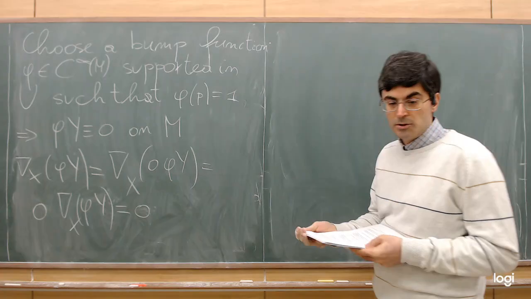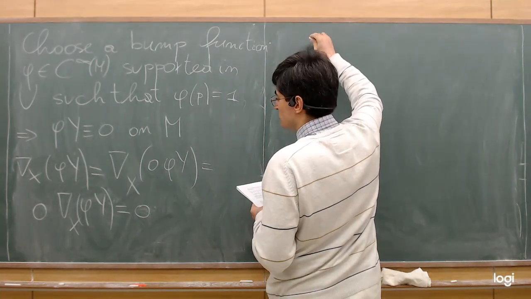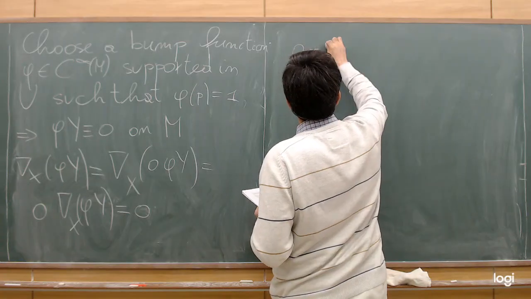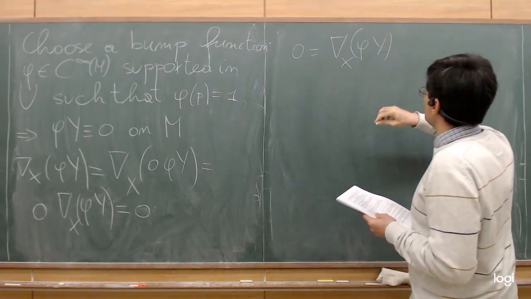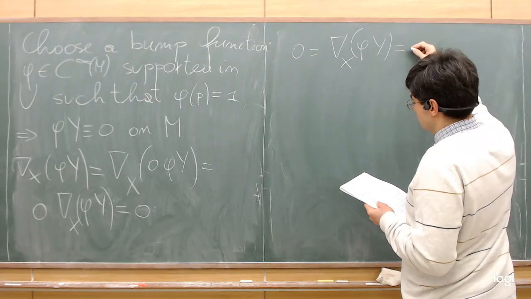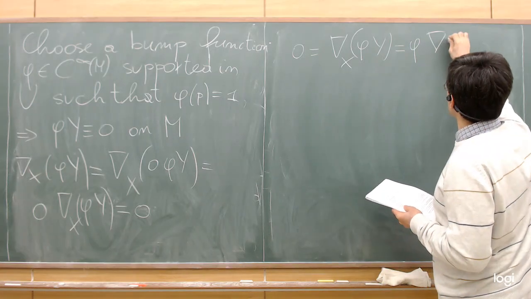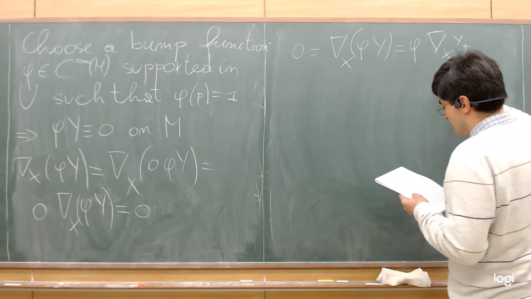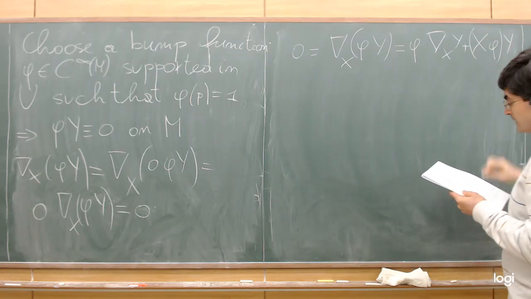Now we use the product rule. So now we know that ∇ of φY along X is 0, but by the product rule, this is φ ∇_X Y plus (Xφ) Y.